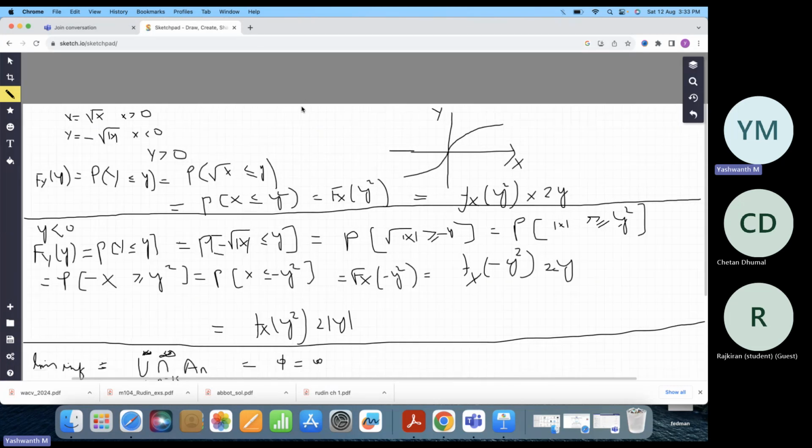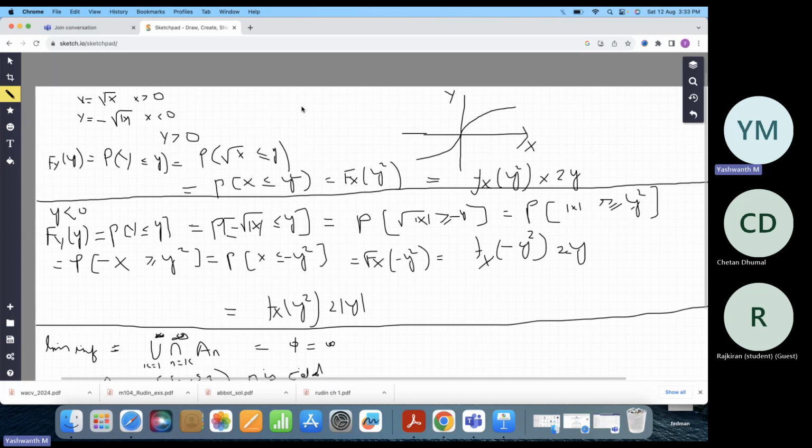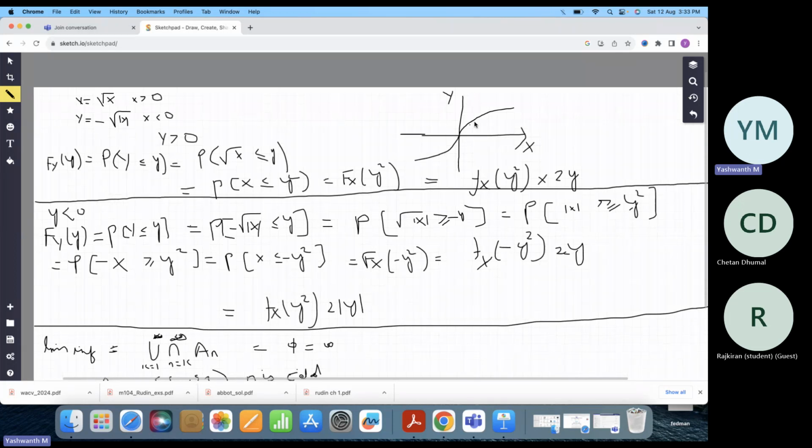So here is the transformation. Y is positive square root of x, and when x is negative it is square root of minus x, and y goes from minus infinity to plus infinity. We want the density of y.